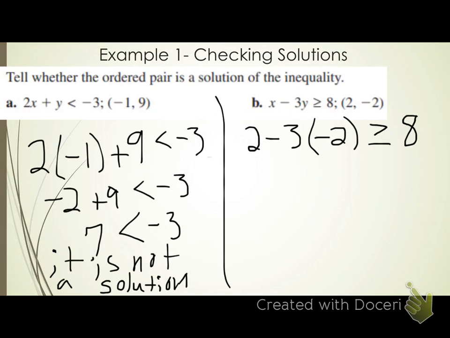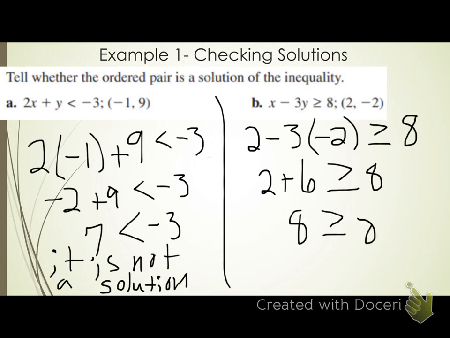What's negative 3 times negative 2? 6. Positive 6. Greater than or equal to 8. 2 plus 6? 8. So it gives me the statement, 8 is greater than or equal to 8. Is that a true or false statement? True. It just has to meet one of those conditions, greater than or equal to. 8 does equal 8, right?